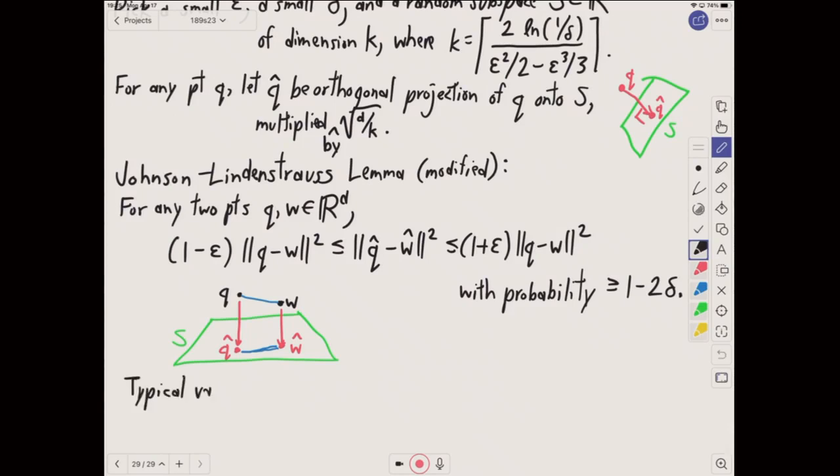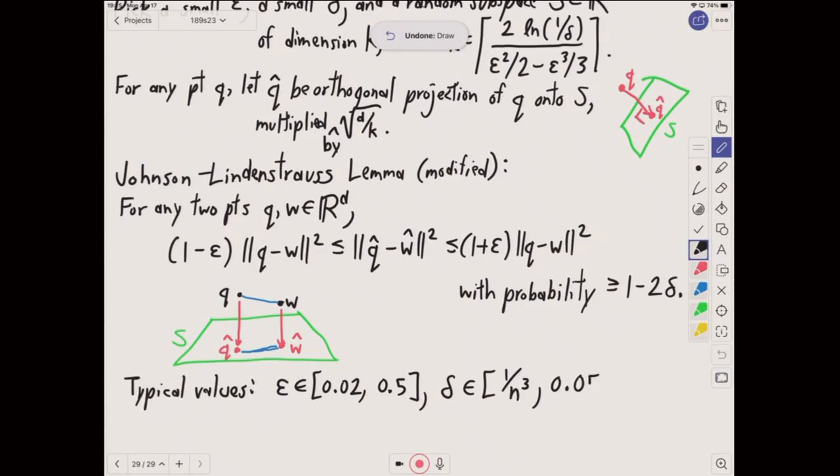So let me tell you typical values that we might choose for epsilon and delta. You can choose epsilon and delta according to your needs. But remember, epsilon tells us essentially how much error we will suffer when we project the points down, in terms of knowing what the lengths between the original points were.